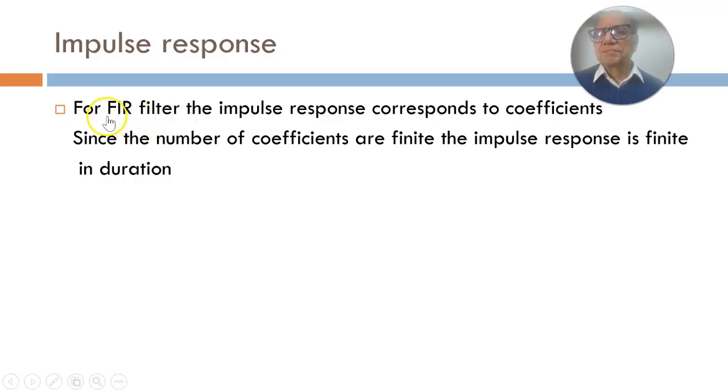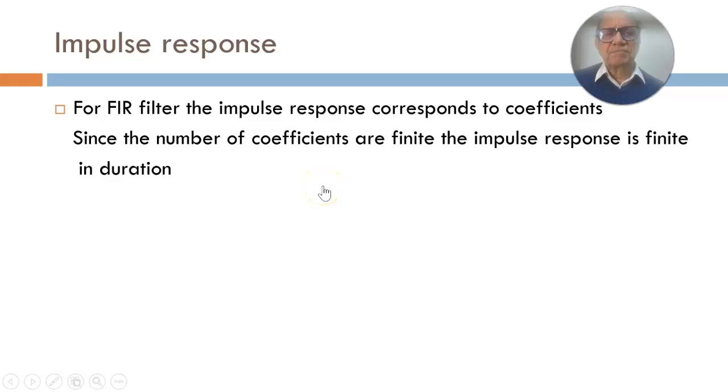But since the number of coefficients is necessarily finite, the impulse response is going to be finite for FIR filters. So these FIR filters are also called non-recursive filters because the output has no effect on the next outputs.